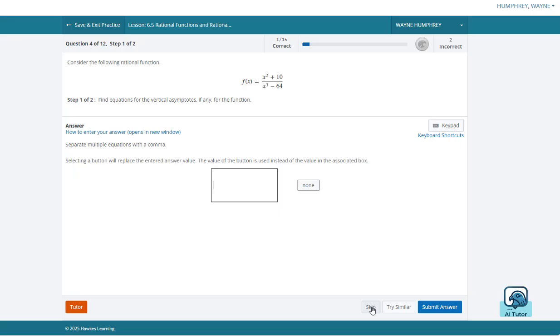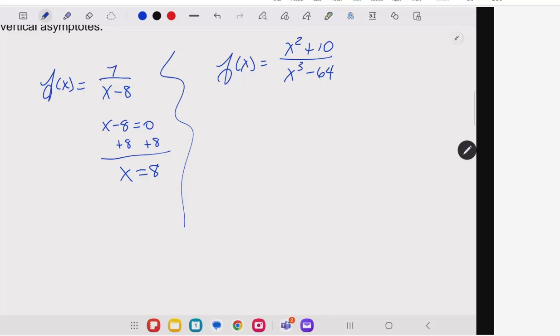So it says find the equation for the vertical asymptotes, if any, for the function. Okay, so set the denominator equal to 0. Alright, so to solve this, I'm going to go ahead and add 64 to both sides. And this will give us the real solutions to this.